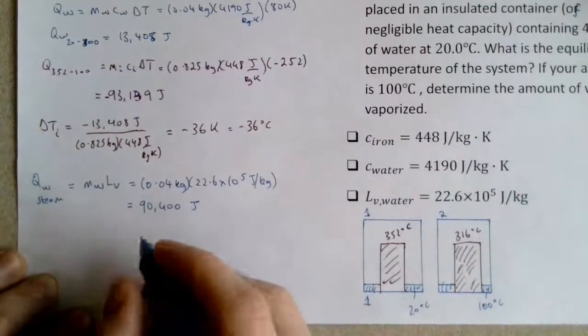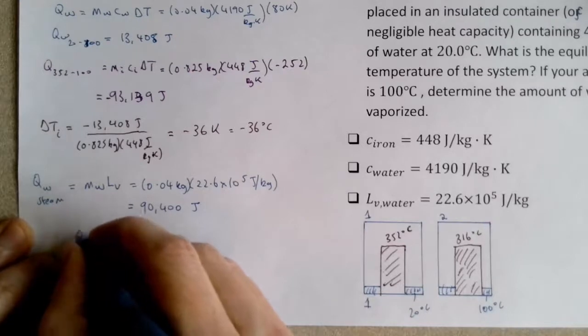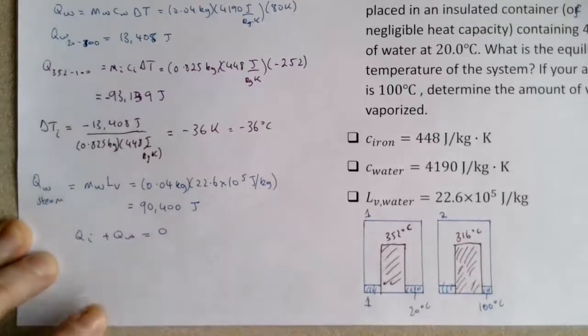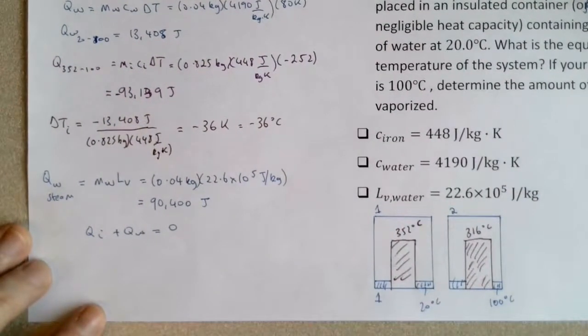So if we wanted to think overall, I'll try to fit this in here, just again show you some extra numbers. So the Q of the iron plus the Q of the water equals 0. And I'll try to zoom in here, our final calculation.